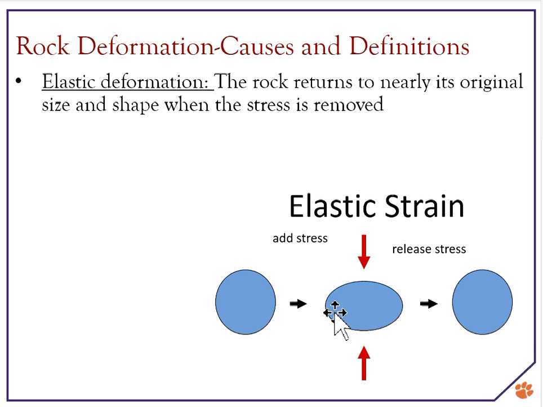And by again looking at this shape and its ratio to the original shape, we can identify the types, the directionality and intensity of the stresses we apply to this ball. And once we remove this stress, we will see that the ball is going to bounce back to its original perfectly circular shape. So we call this kind of deformation elastic deformation.